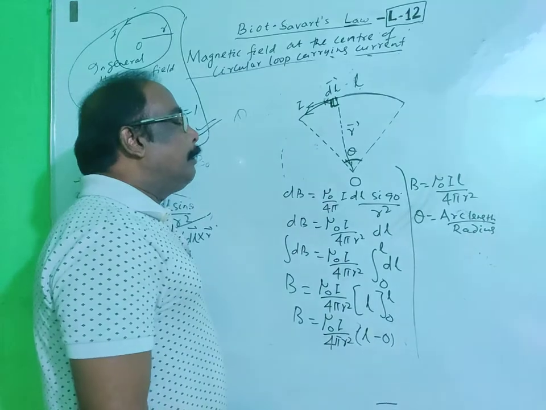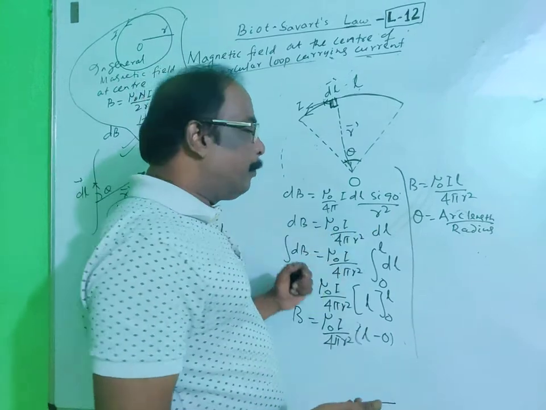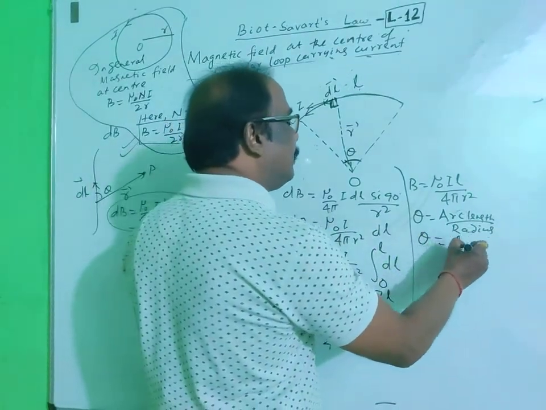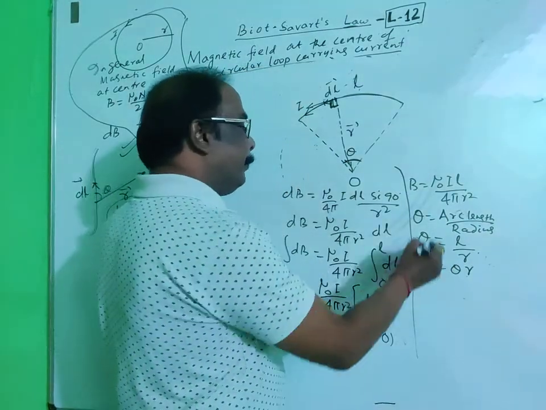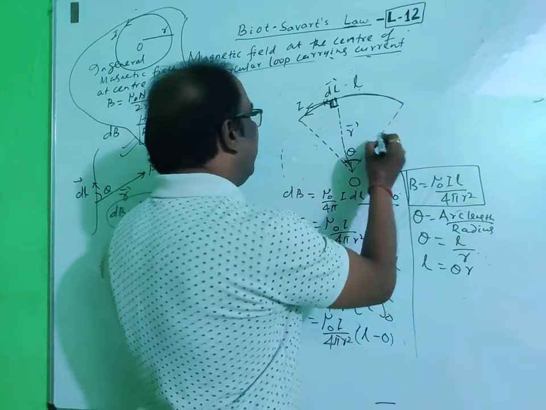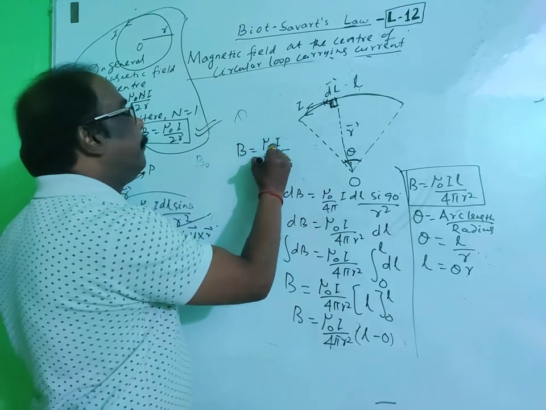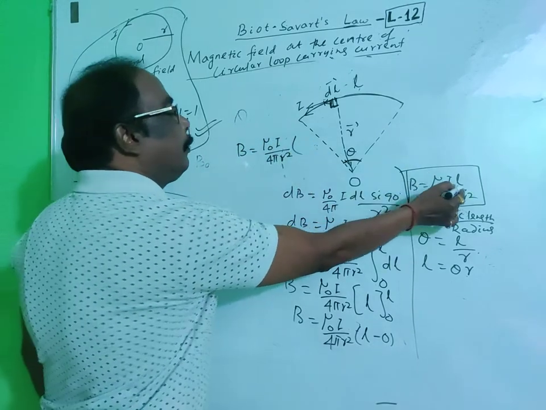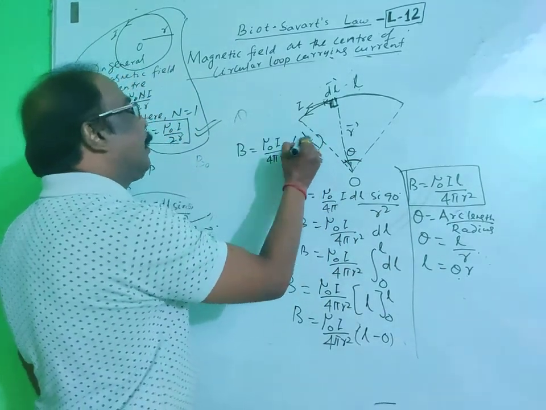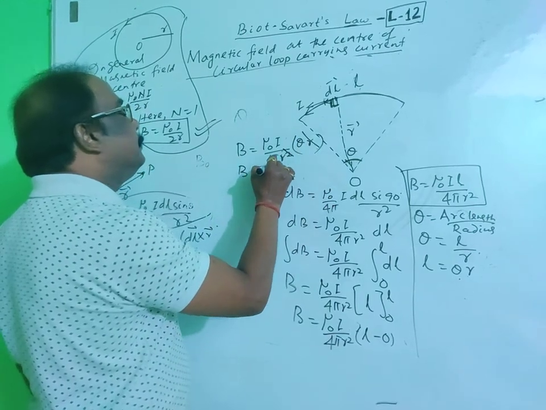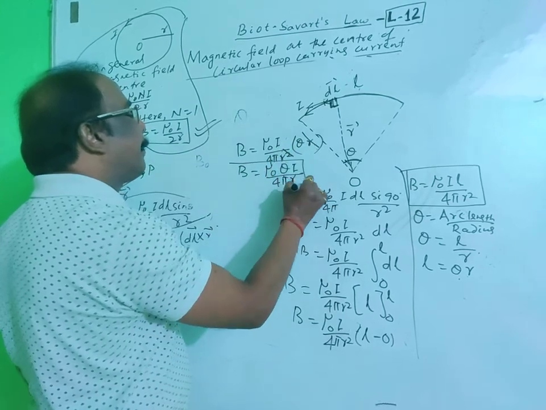Here theta is any value of angle, and arc length is L, radius is R, then L is equal to theta into R. Then put here. Then finally, magnetic field for this arc is mu naught I by 4 pi R square into length. In place of length, let's put theta R. Then magnetic field is mu naught theta I divided by 4 pi R.